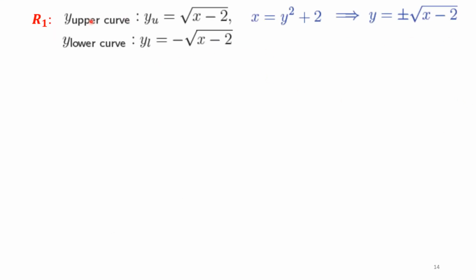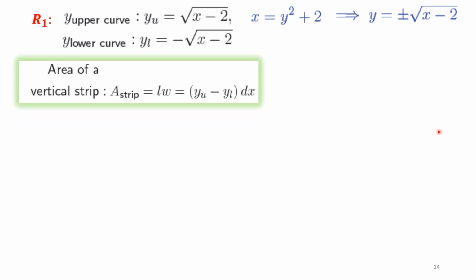So again, you have your upper curve, your lower curve. For reference, we have the area of a vertical strip. If you remember, it is y sub u minus y sub l times, this time, length times width. So our length this time is y sub u minus y sub l. Then we have our dx as your width.